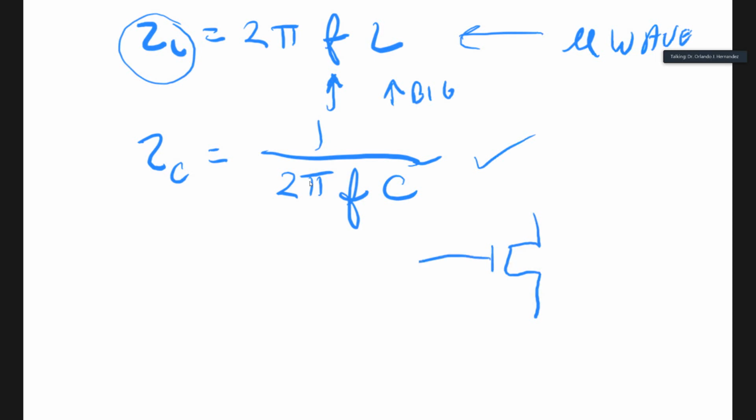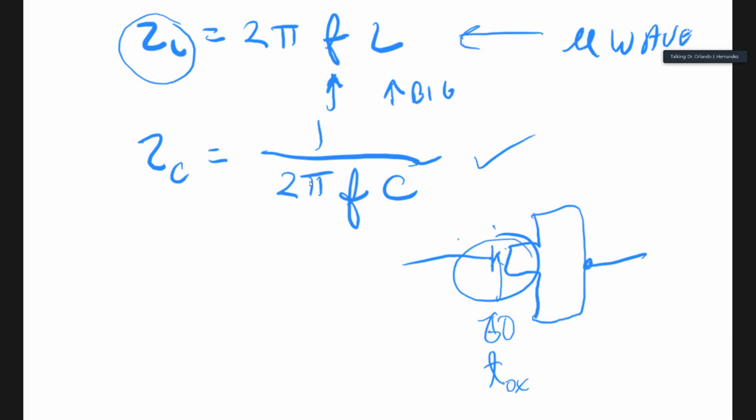So if I use the gate capacitance and tie the drain and the source together, I got me a capacitor right there. Because this is your gate electrode, this is the gate oxide, some thickness there, and this is the other electrode, which is the drain and the source tied together. So that's the definition of a capacitor: electrode, insulator, or dielectric, and another electrode.